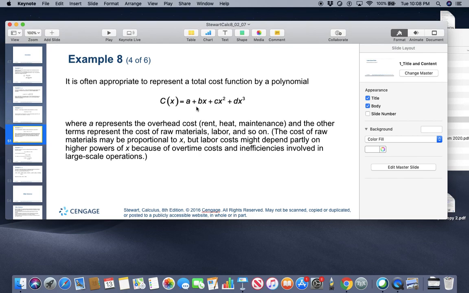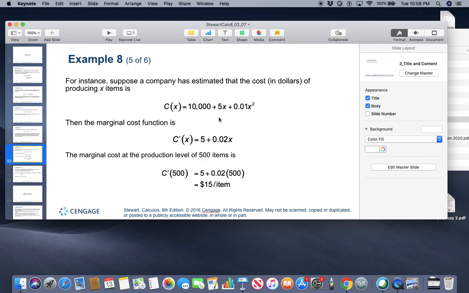Likewise, for raw materials you might have x squared, since you're not only purchasing materials, you're transporting and storing them. So it's more complicated, and depending on different parameters you will have different powers. The cost of raw materials may be proportional to x, and labor costs might depend partly on higher powers of x. This is just an argument.